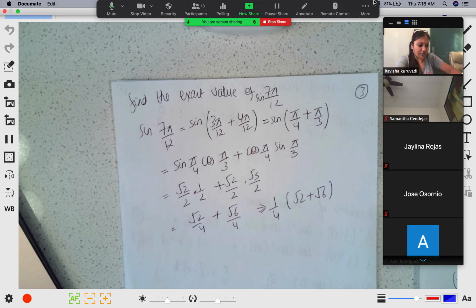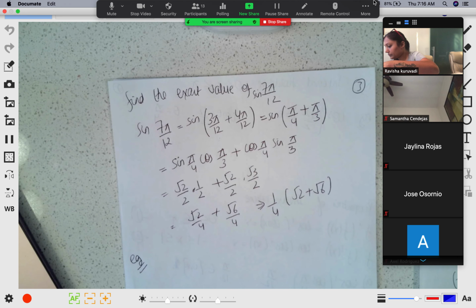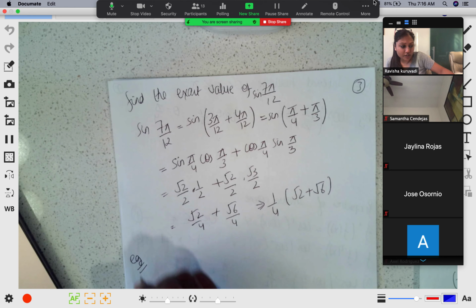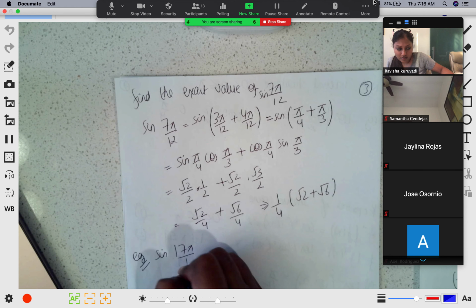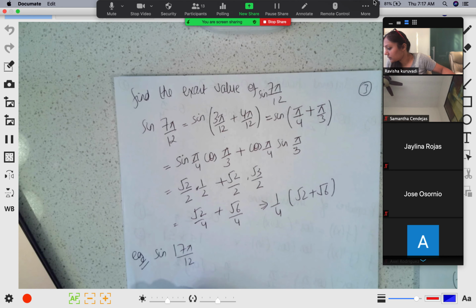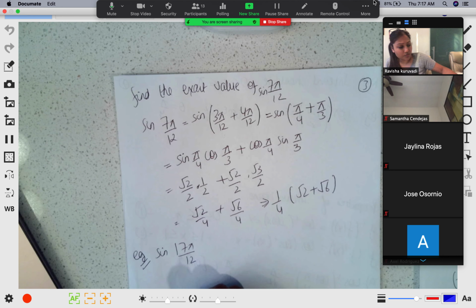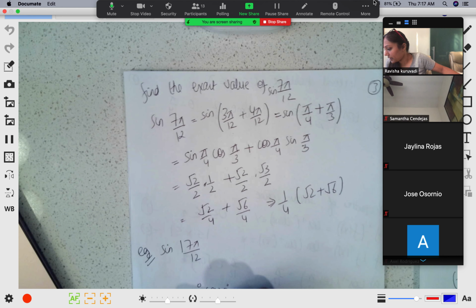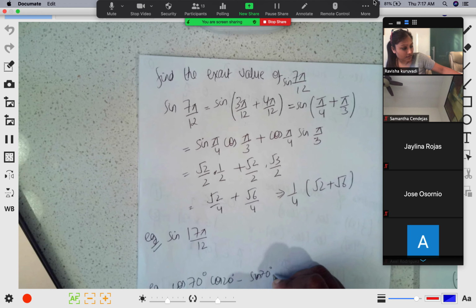Let's do examples on this before I go further. I want you to find the value of sine 17 pi by 12. Also, I want you to do the question cosine 70 degree cosine 20 degree minus sine 70 degrees sine 20 degrees.